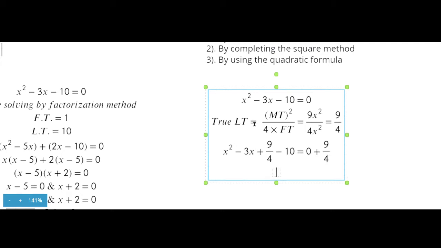So this is how it can be written. Now I will put the brackets for you to understand this more clearly, that we have almost reached the target of writing our equation in the form of a plus or minus b whole square. And I will shift this 10 to the right hand side, which will give me a result like this.